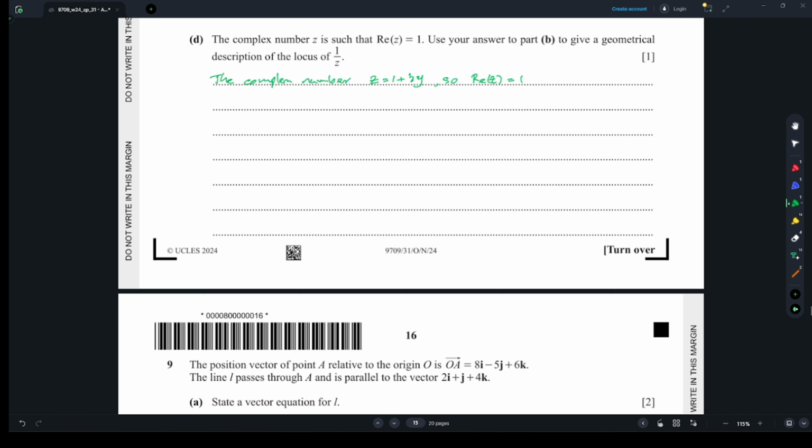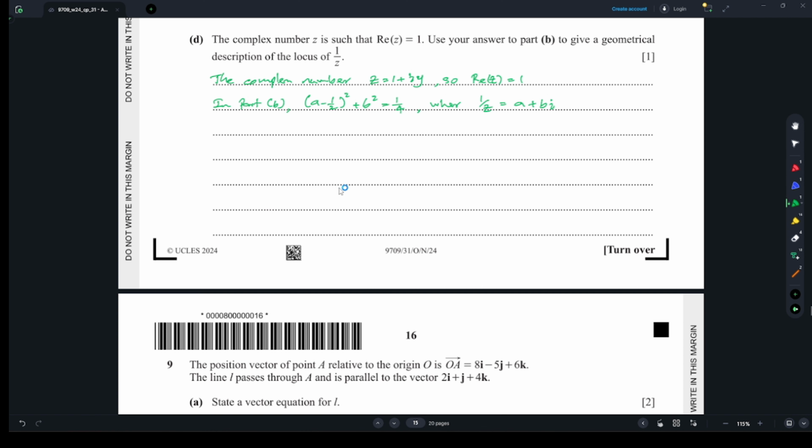Real part. And we saw that in part B, we found that a minus half square plus b square equals to 4, right? Where 1 over z equals to this one, a plus bi, right?